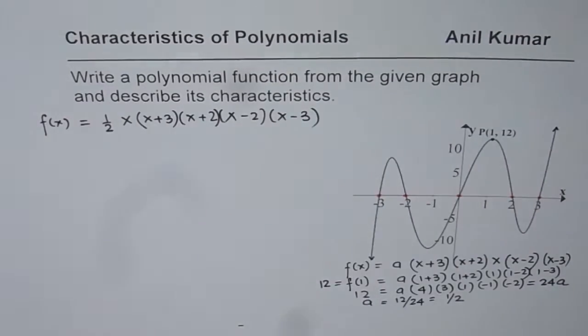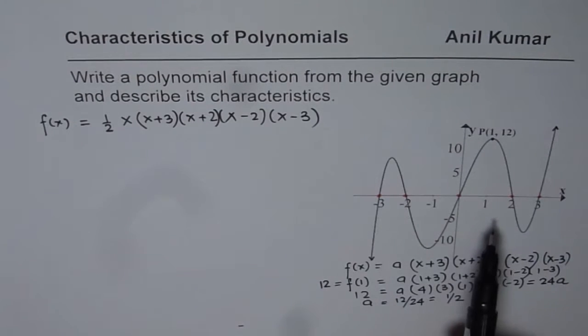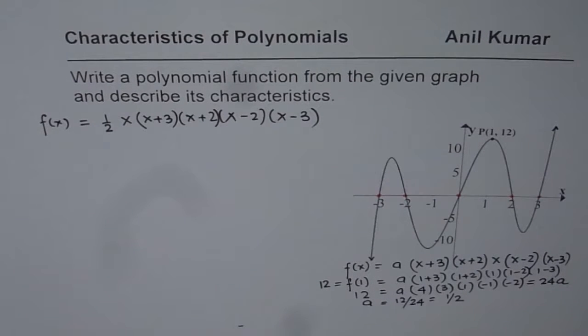So that becomes the equation for the given graph. I hope you understand the method. The method is using the zeros, write down the possible equation, and find a with the help of the given point.